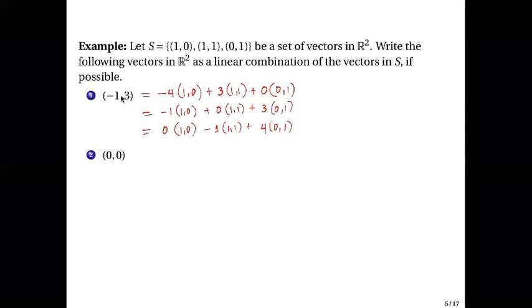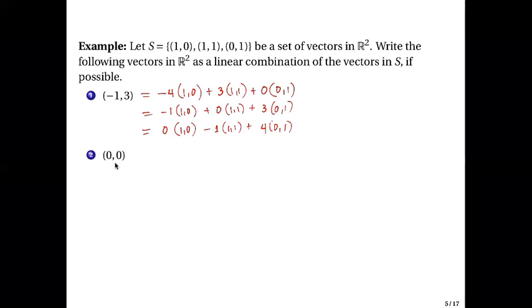Okay? Now, we have 3 linear combinations for this guy here. But I must tell you there will be many more. Okay? There will be many more. So try to find other combinations for this (-1, 3) using these 3 vectors.